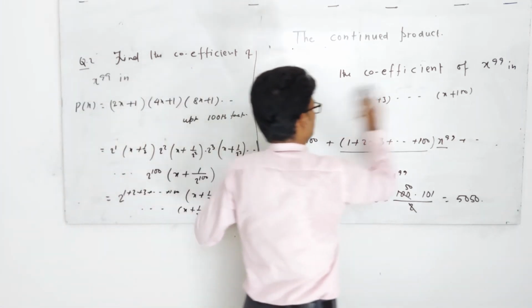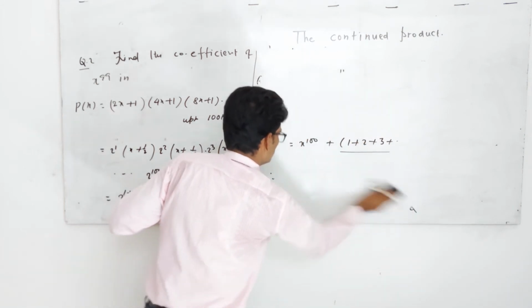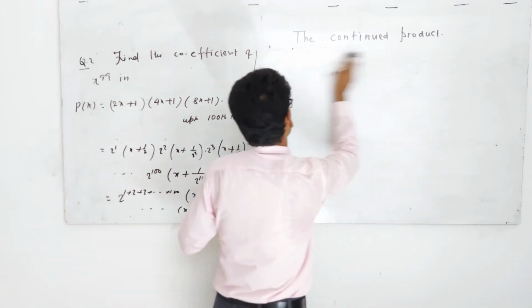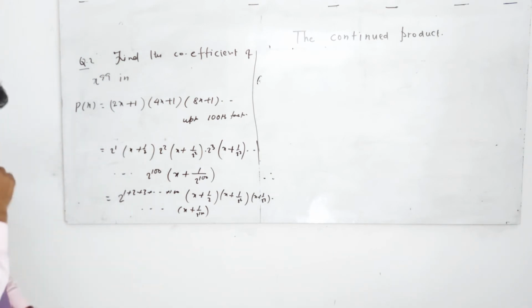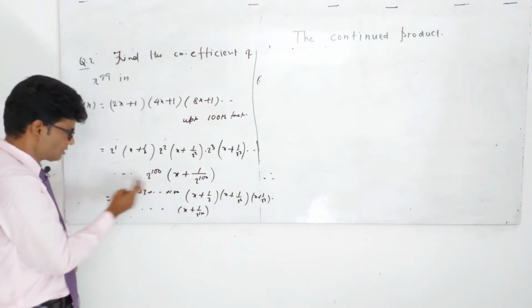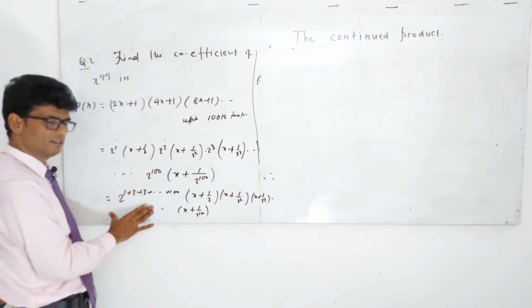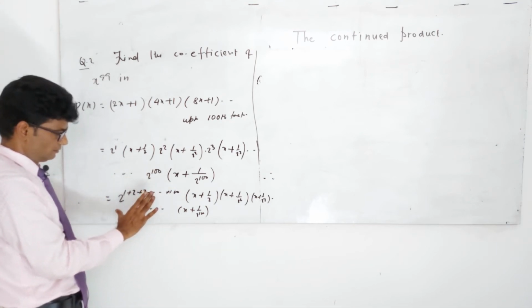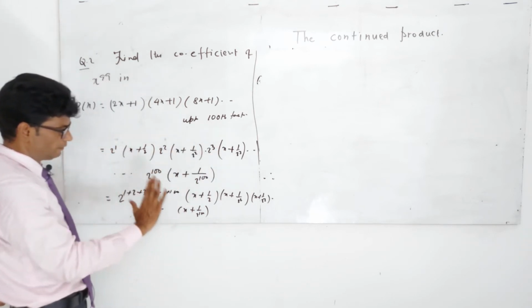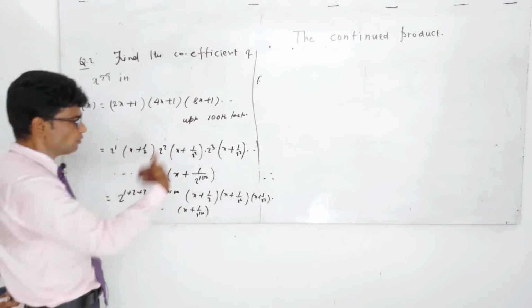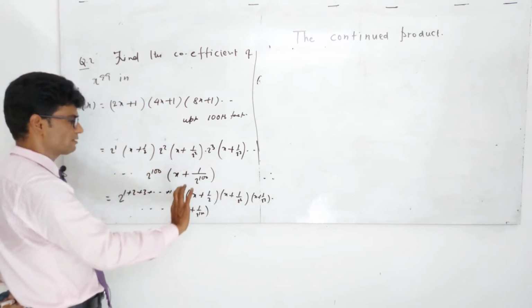Now this is the numeral factor, which is multiplied to every one of the powers of x if we multiply these 100 factors together.